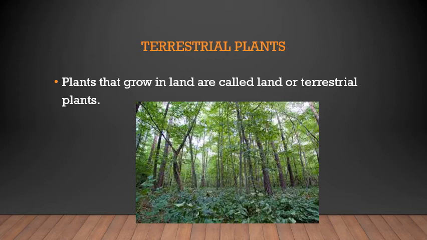Most of the plants are terrestrial plants itself, and we have very few aquatic plants. If you have watched Discovery Channel or National Geographic Channel, when they show under the water, you can see different kinds of plants which live in the water. They are called aquatic plants. Terrestrial plants are the plants which grow on land.